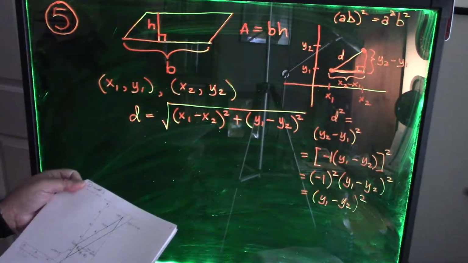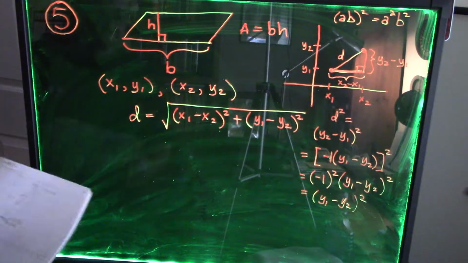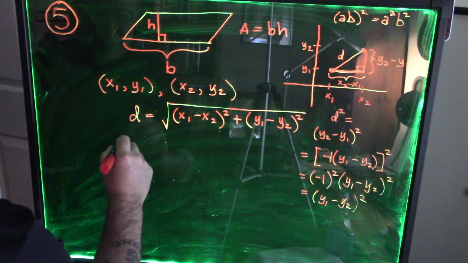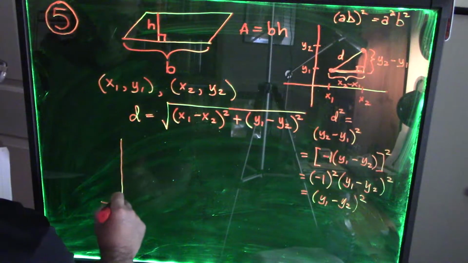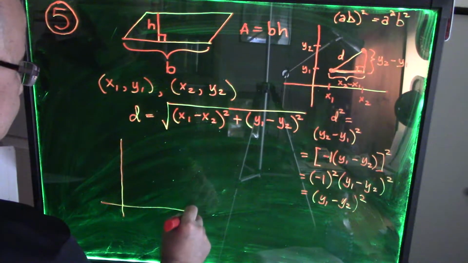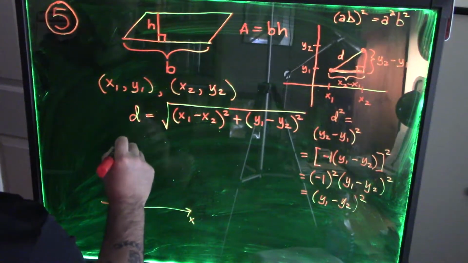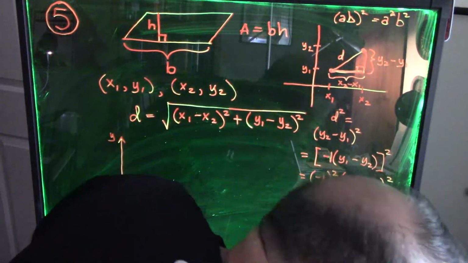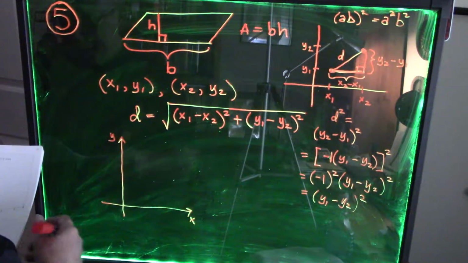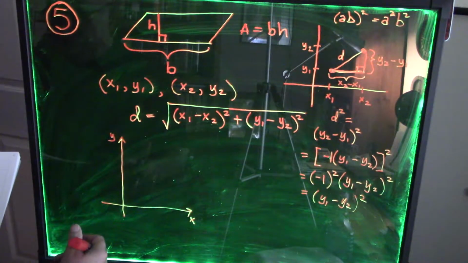I'm going to make a rough sketch. I'm not going to make anything exact. I'll show you a more exact sketch in a minute. But let's come up with just a rough sketch first. You don't have to be super precise when you do these rough sketches.